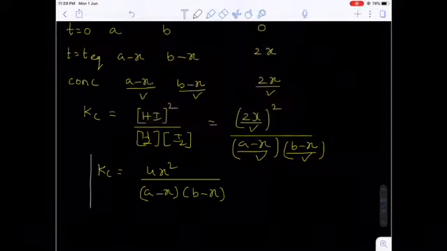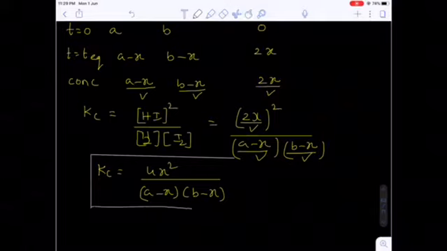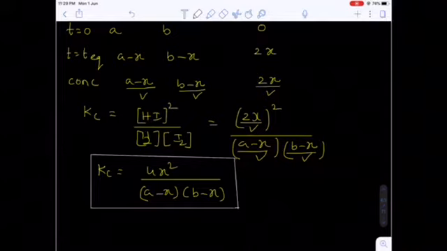This is the Kc expression, a very important expression for H2 plus I2 giving HI.